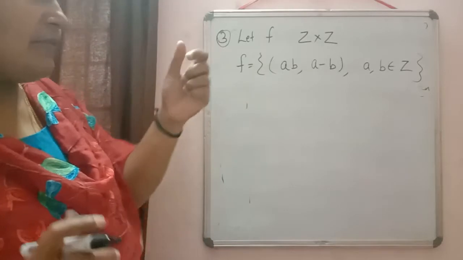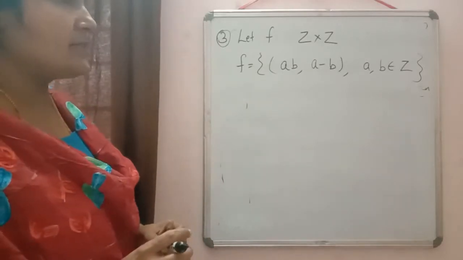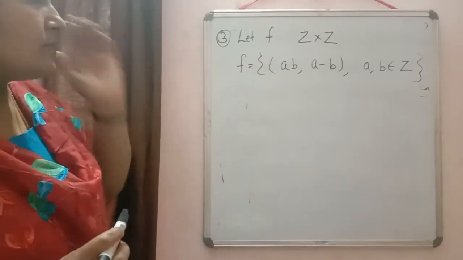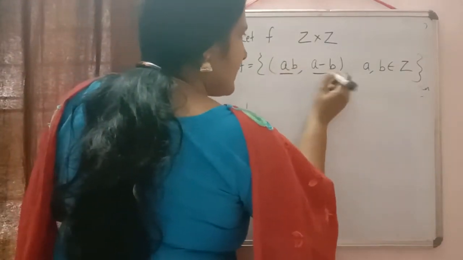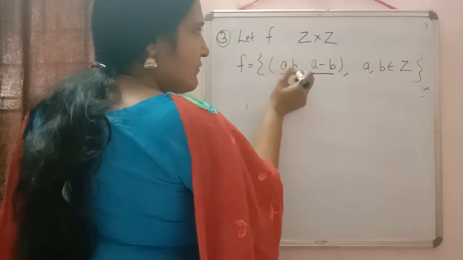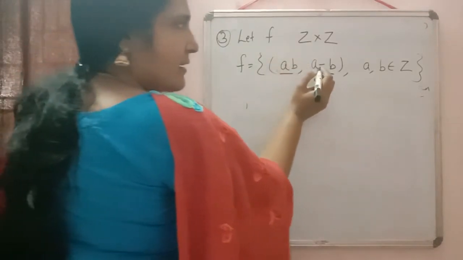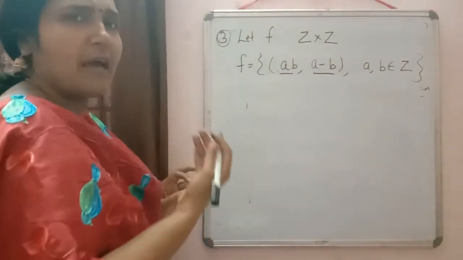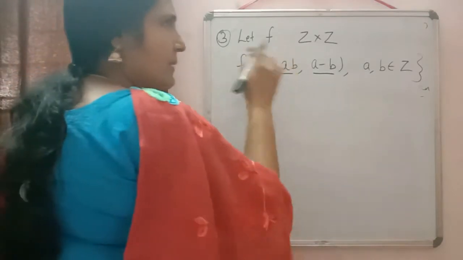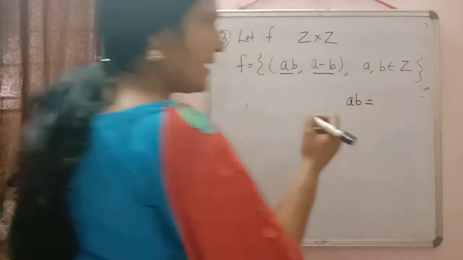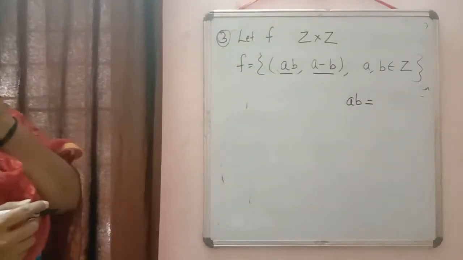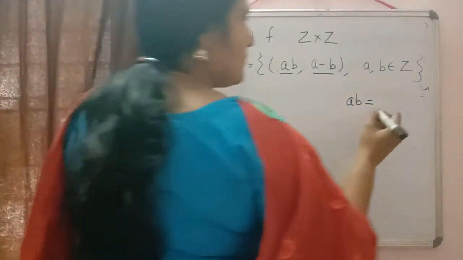So again, when we don't have to prove anything, we can give some example. The first element is in the form of multiplication, A and B, and we have to choose our values. So just check how we will do this question. We can take any number whose multiplication we know. So suppose AB is equal to 12.